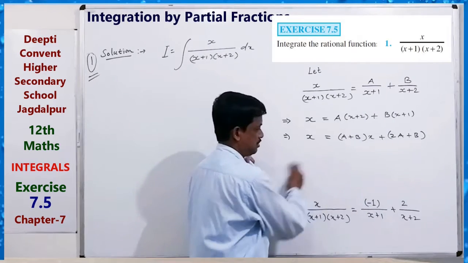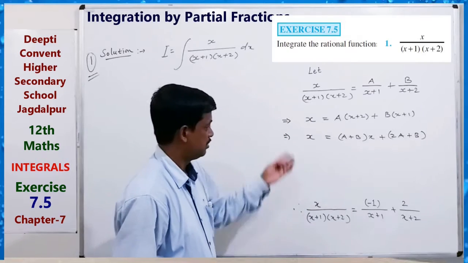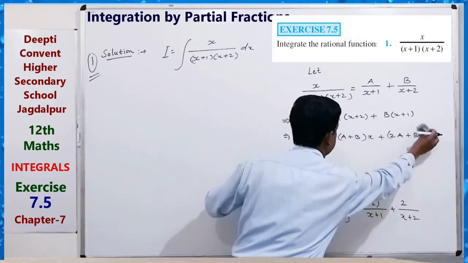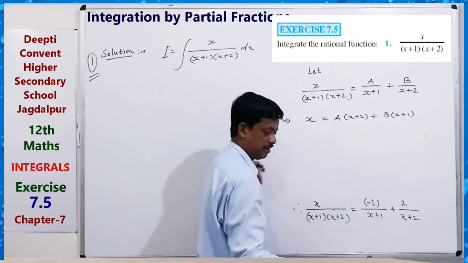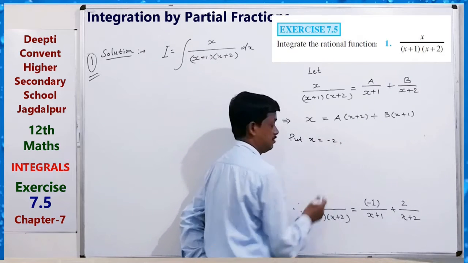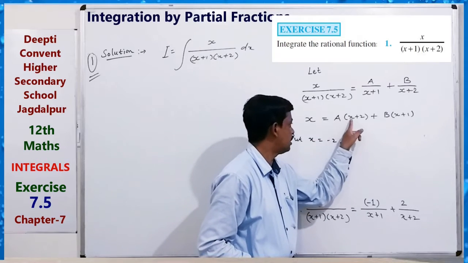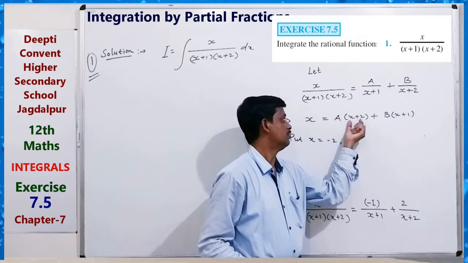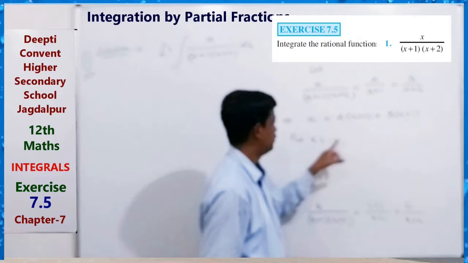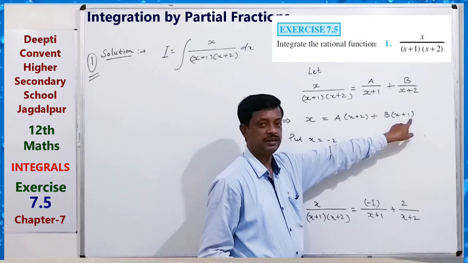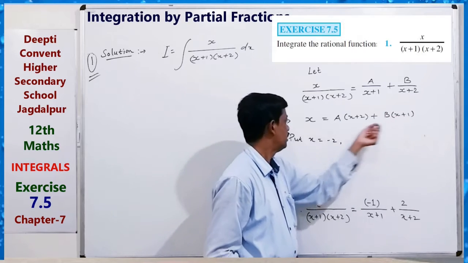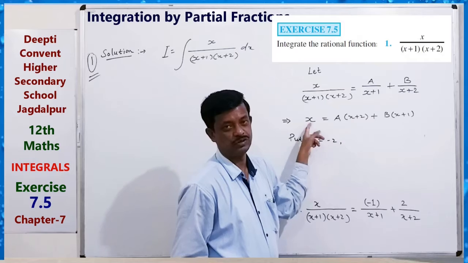Just for understanding the method, by the other method, not after multiplying, now put x equals minus 2. If x equals minus 2, then x plus 2 equals 0, so this term will vanish. And with x equal to minus 2, minus 2 plus 1 is minus 1, so minus B equals minus 2. So B equals 2.